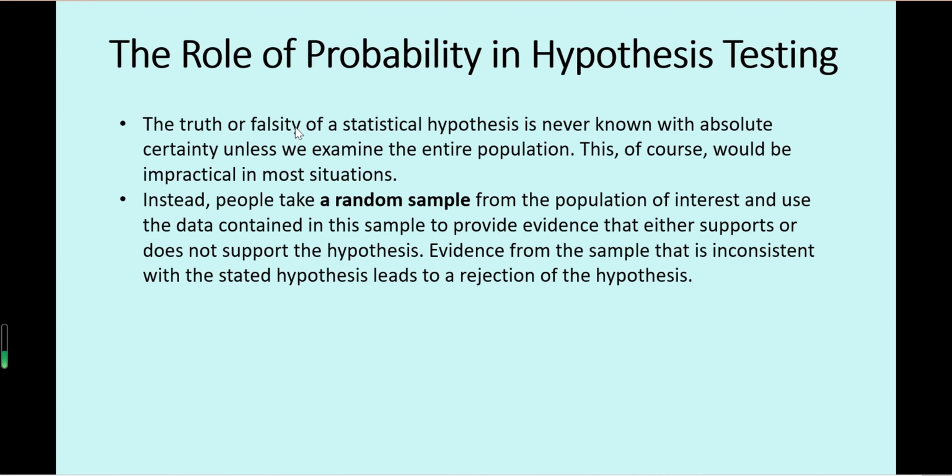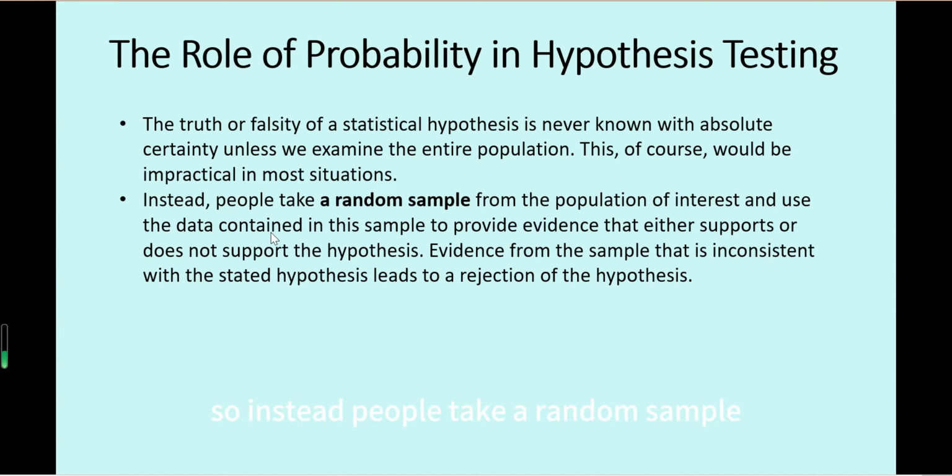And probability is a very important role, of course, in hypothesis testing also, because the truth or falsity of a statistical hypothesis is never known with absolute certainty unless we examine the entire population. This, of course, would not be possible in almost all situations.